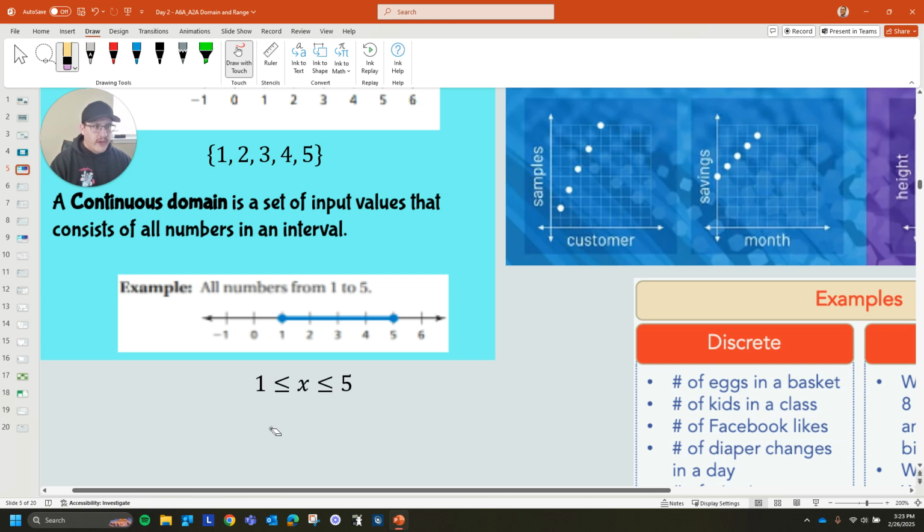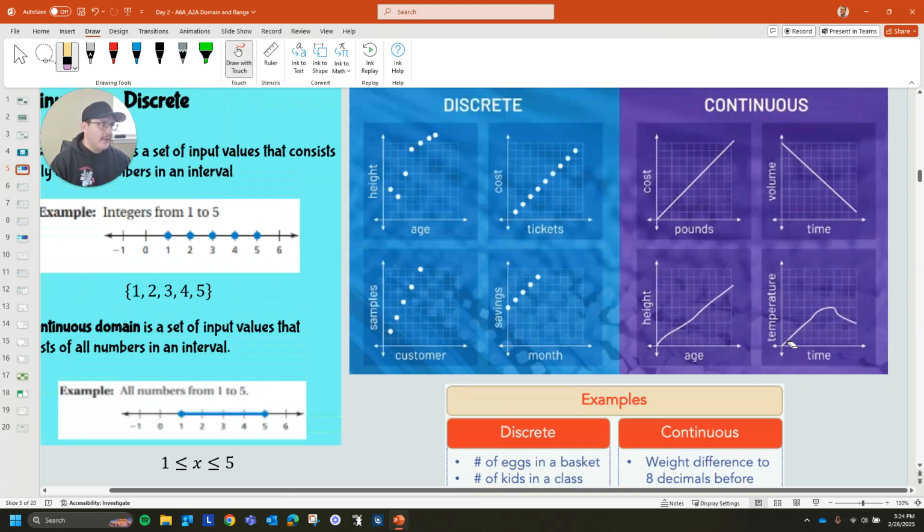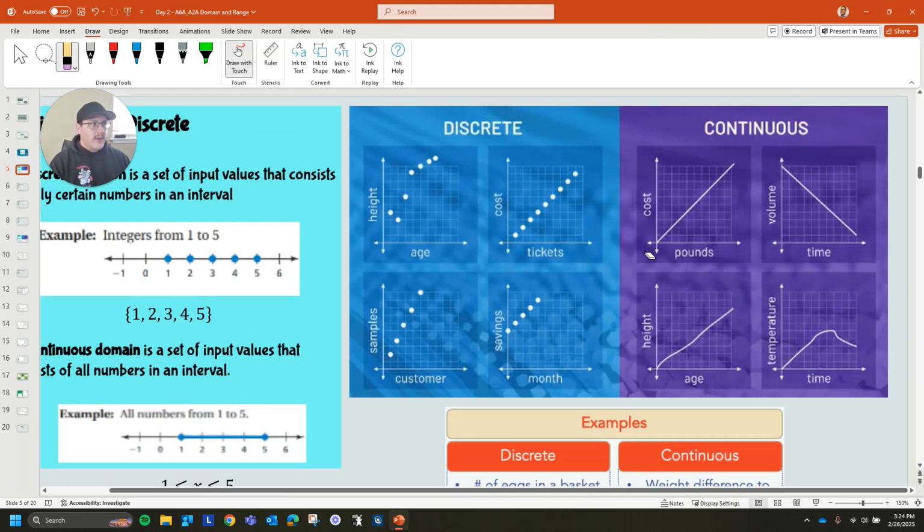But essentially, we're still talking about all the numbers between 1 and 5 for continuous domain and range in this example. And some examples of continuous graphs over here on the right, notice how we have a line that goes through everything. There aren't any breaks. And if there are breaks, we would talk about those breaks when we describe domain and range. But it is just a line that connects nearly everything.